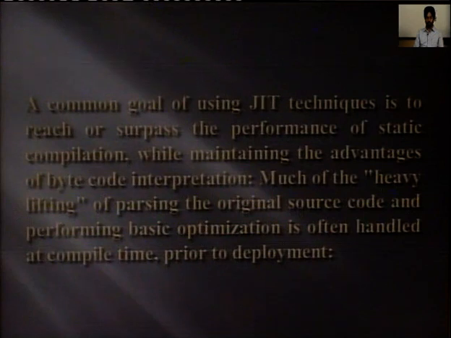A common goal of using JIT techniques is to reach or surpass the performance of static compilation while maintaining the advantages of bytecode interpretation. Much of the heavy lifting, parsing the original source code and performing basic optimization, is handled at compile time, prior to deployment.